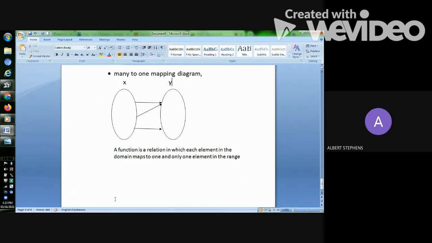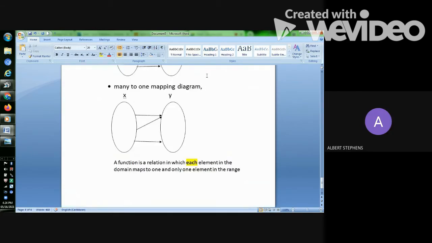Listen carefully: a function is a relation in which each element in the domain, in other words everything from x, one person from x, is mapped to only one over y, one element. So RJ, it is actually a function. So a many to one mapping diagram is a function.